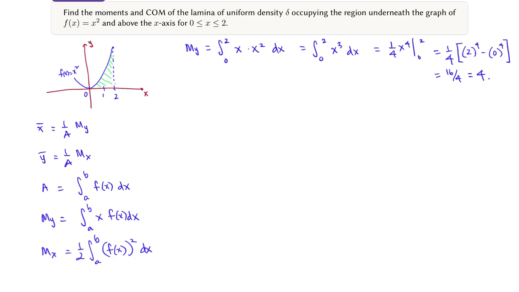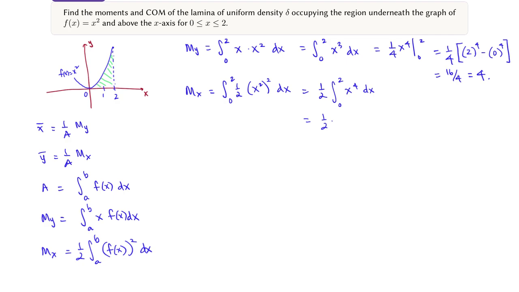The moment about the x-axis is the integral from 0 to 2, 1/2 of the function squared, and so x squared squared dx. So that is 1/2 the integral from 0 to 2, x squared squared is x to the 4th dx.